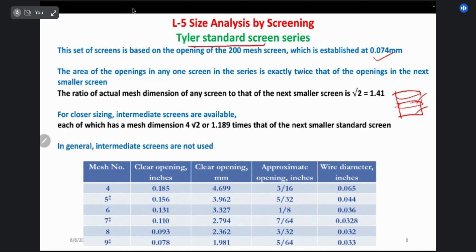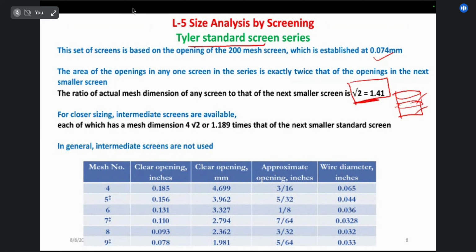You always need to focus on this: the ratio of the dimension of any screen to the next smaller screen in the Tyler series is √2, which is basically 1.41.